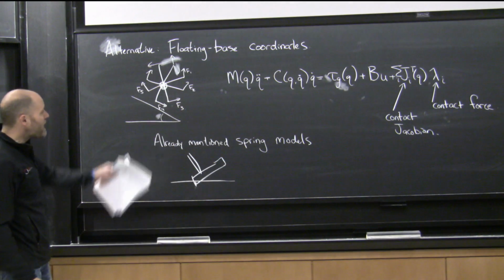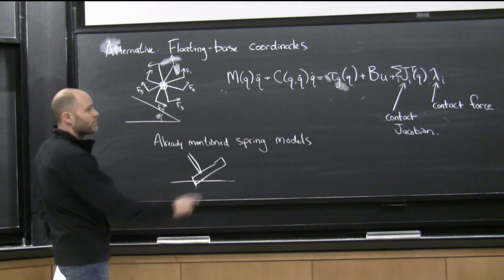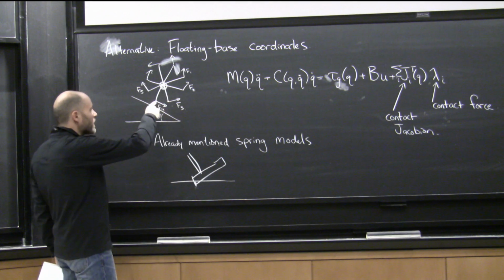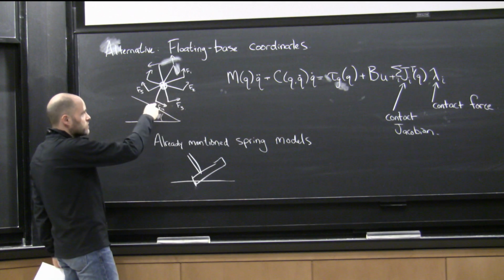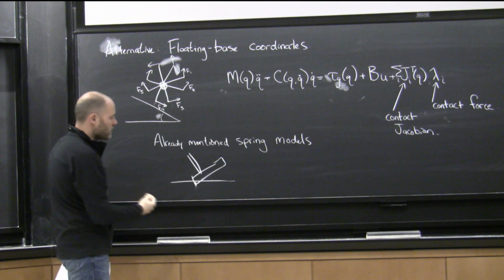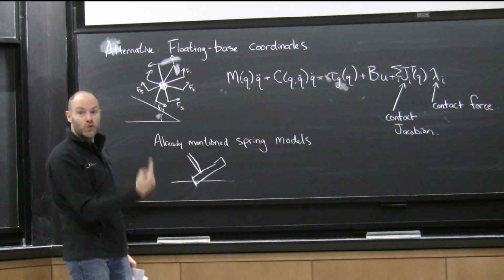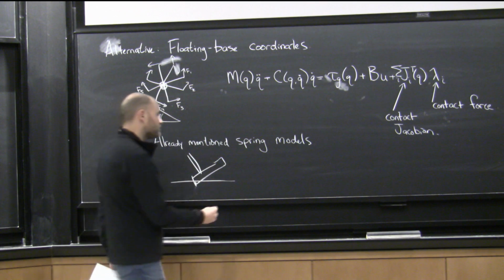So you could imagine writing the dynamics here where the Jacobian roughly tells me where my foot is in space. That's the derivative of that. Okay? And then the forces I try to apply at those are just a function of the amount of penetration that I'm experiencing, right?